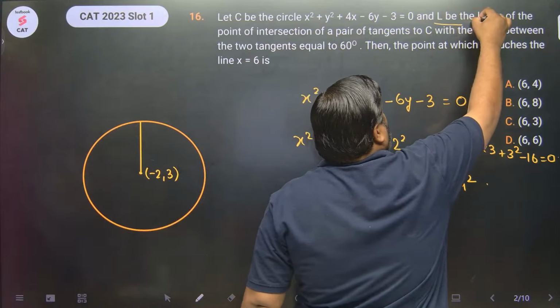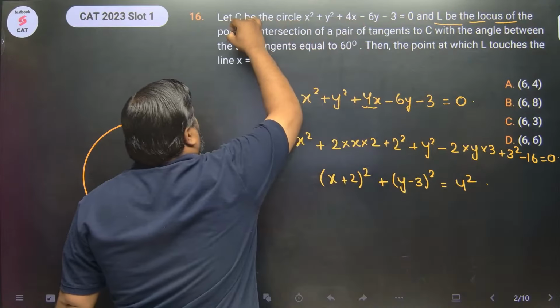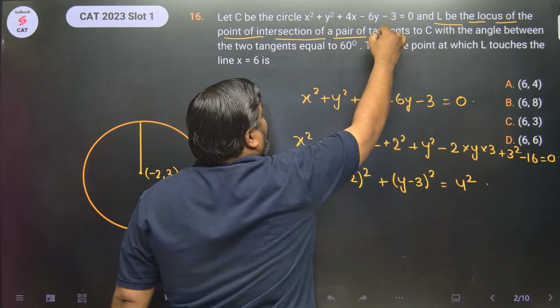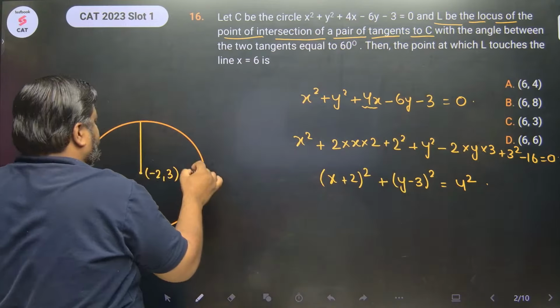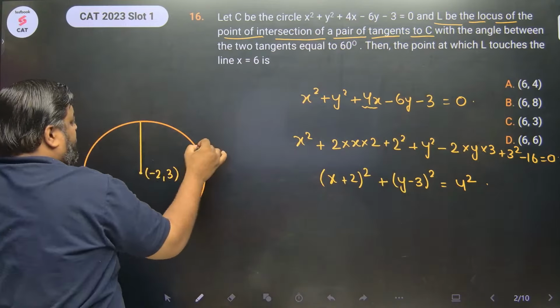Let L be the locus of the point of intersection of a pair of tangents to C, where C is this circle, with the angle between the two tangents equal to 60 degree. So L is the point of intersection of a pair of tangents to C whose angle between them is 60 degree, right?